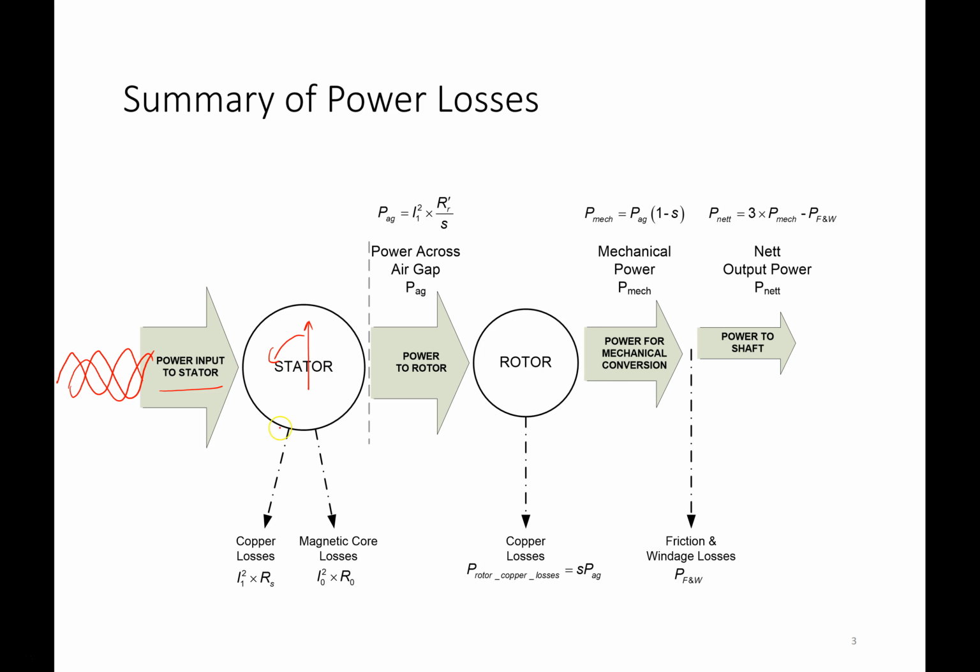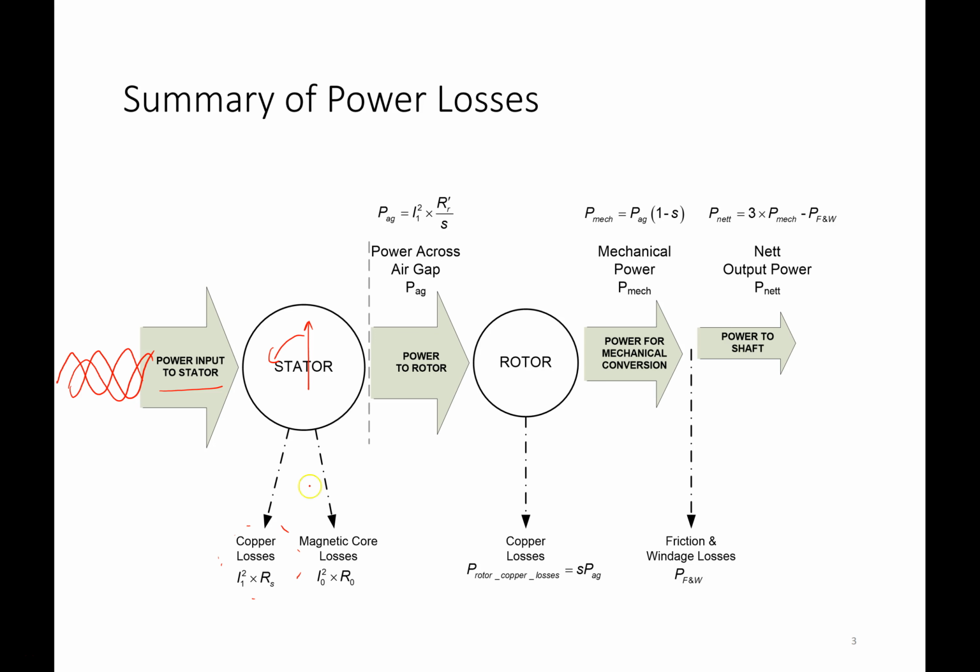Now, before it gets to that point, in the windings, we're going to have copper losses, I squared R, and we're also going to have core losses, the no-load current squared by the core resistance. This is just like in the transformer, if you remember.